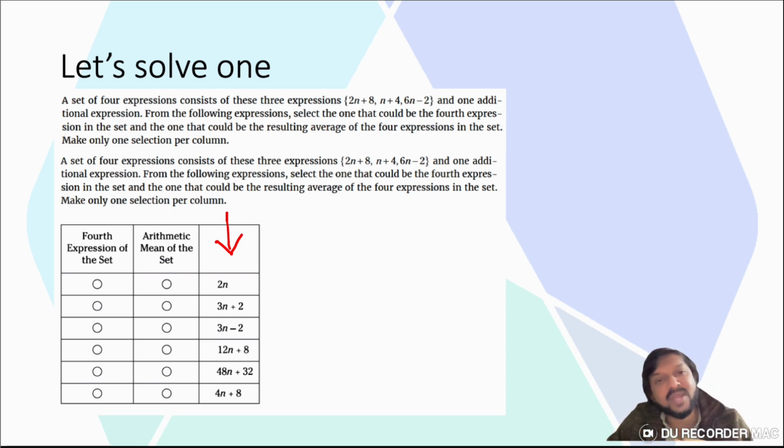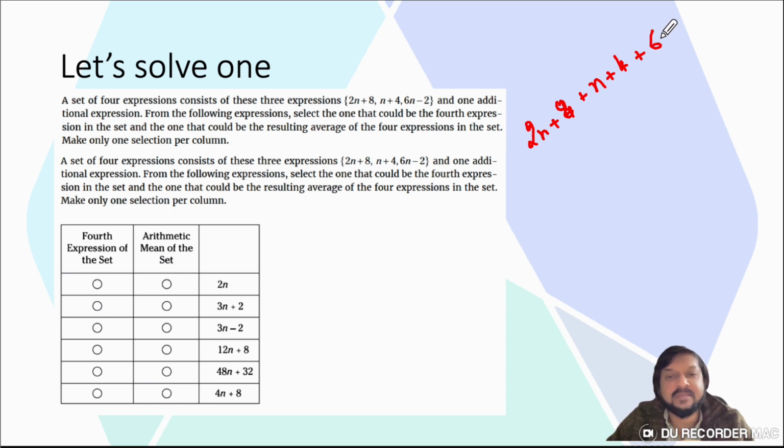Let's understand what we are going to do. As you know, arithmetic mean will mean that I add up 2n plus 8, plus n plus 4, plus 6n minus 2, plus whichever I choose from here, the 4th expression, and divide it by 4.